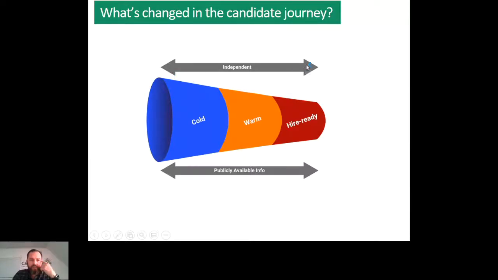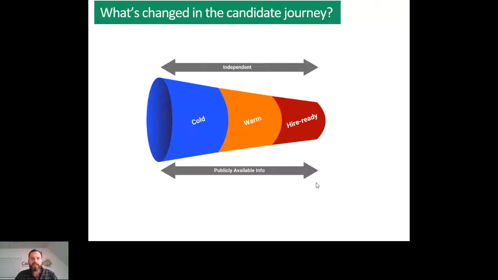Today, they don't have to. They can get right through the process on their own using publicly available information. As a result, candidates are not revealing themselves as people that might be interested in the opportunity until they've done a lot more self-directed research.